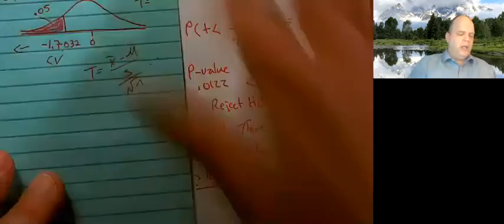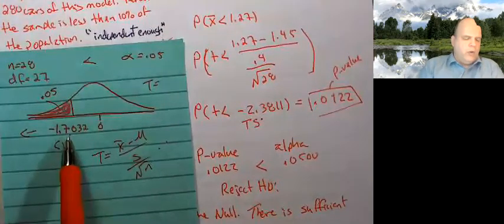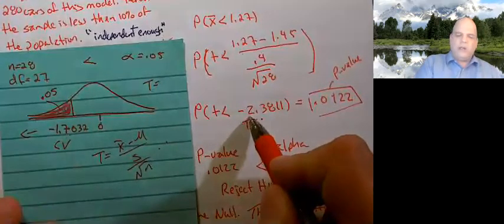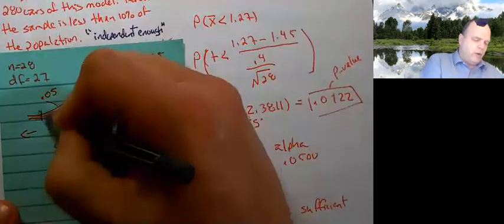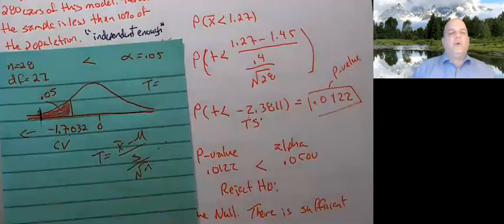All right. Now I want to go back to what we did at the very beginning. At the very beginning, we did a second bar as inverse t, and we got a critical value of negative 1.7032. Well, our test statistic is negative 2.3811. So our test statistic is somewhere out here. So because it's further to the left, and we said anything further to the left we were going to reject.